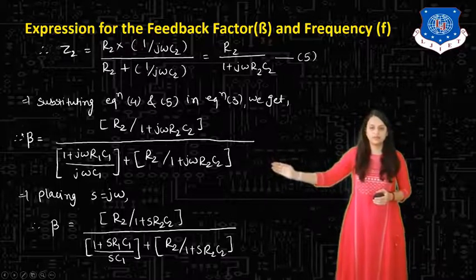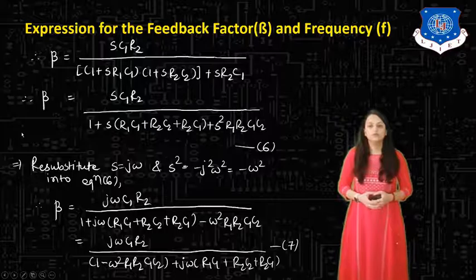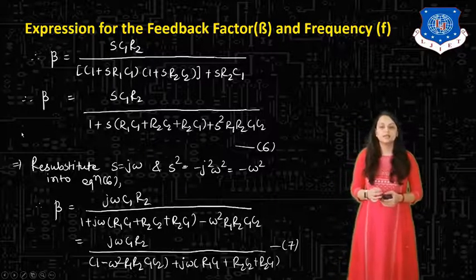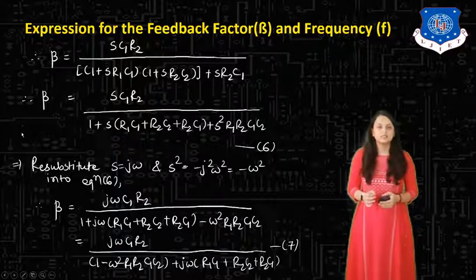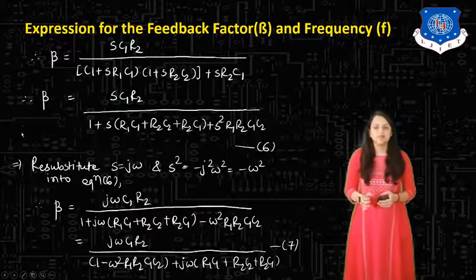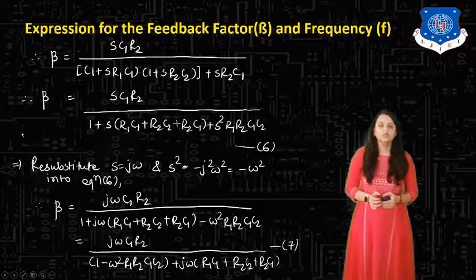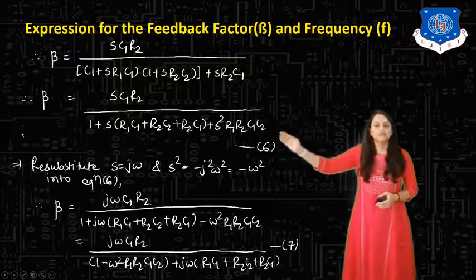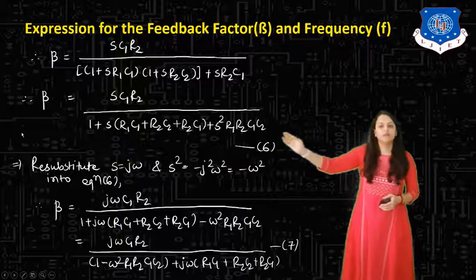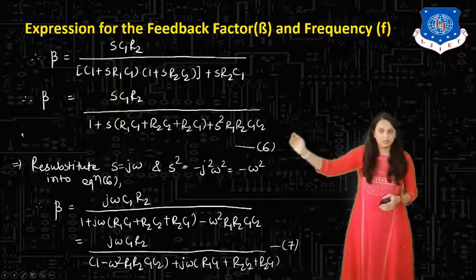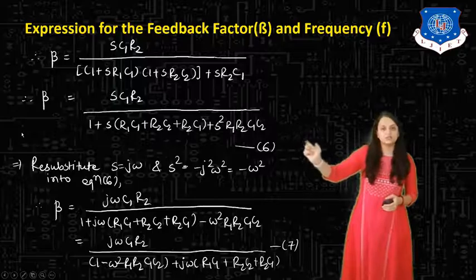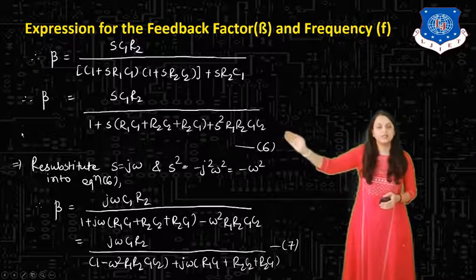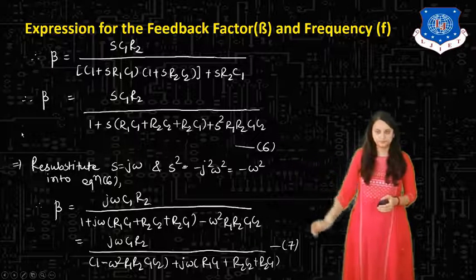Now, if we simplify this, we will get beta equals S C1 R2 divided by 1 plus S R1 C1 into 1 plus S R2 C2 plus S R2 C1. Here, if we take S common, then we will have the second term S in the bracket R1 C1 plus R2 C2 plus R2 C1 plus S square R1 R2 C1 C2. Let us give this as equation number 6.